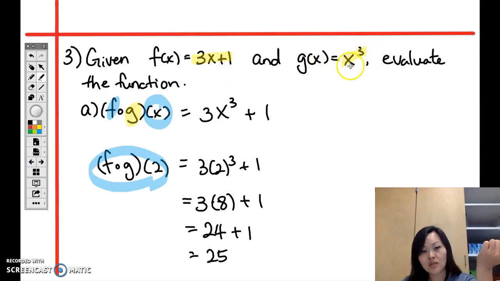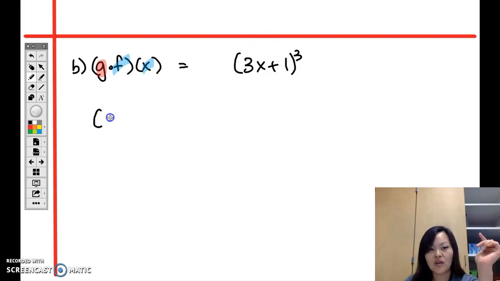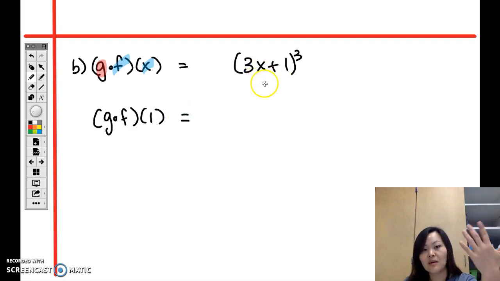But instead of x, what are we putting in? We're going to put in 3x plus 1. So we're going to go 3x plus 1 raised to the third power. Okay? And you can stop right here because there's nothing else you can do. But if the question was, what is the g of f of 1? Now instead of x, you got to plug in the number 1.